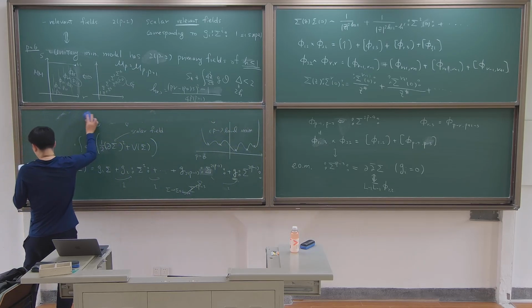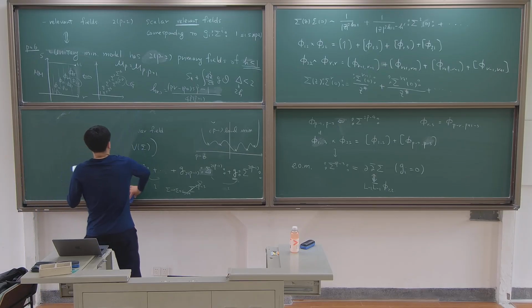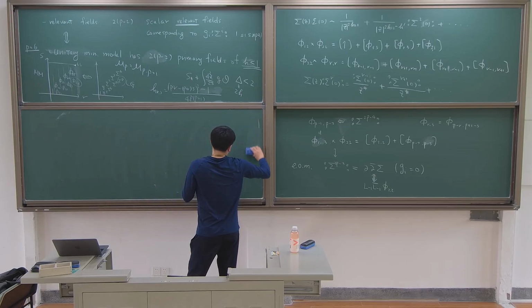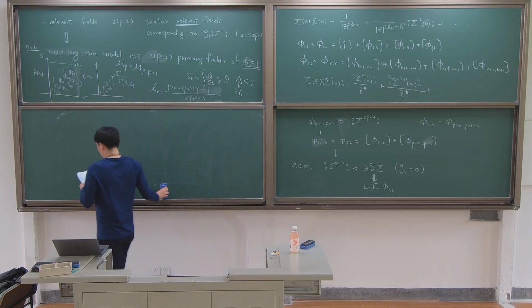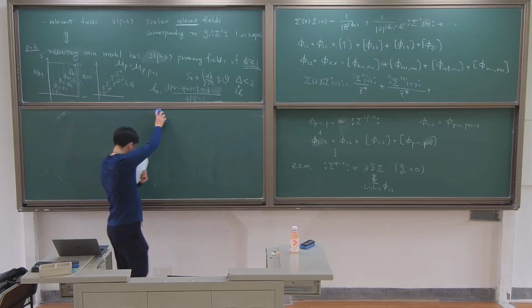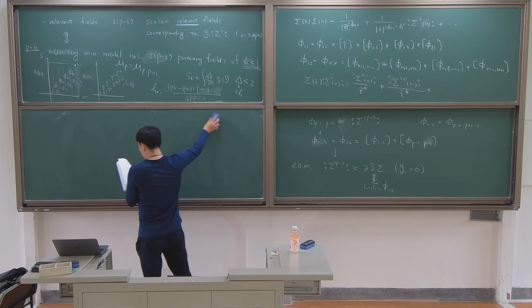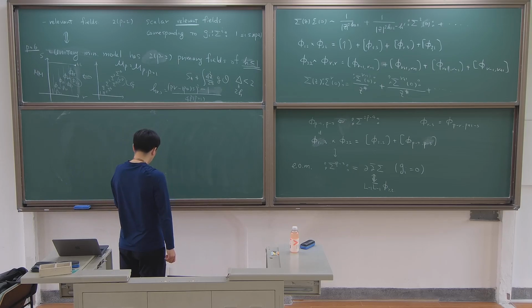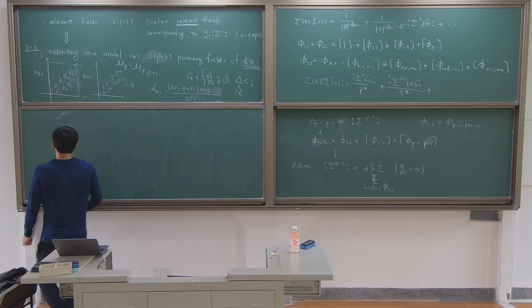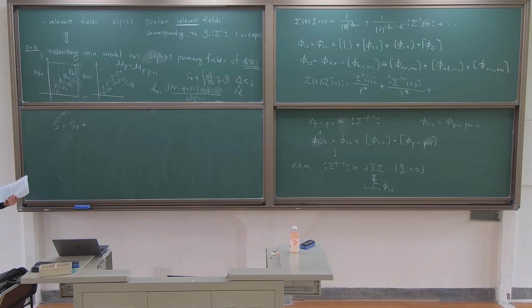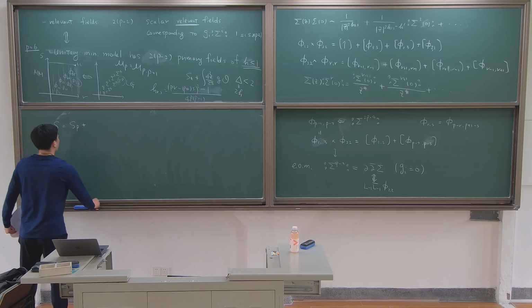Furthermore, let's think about the renormalization group flow by this relevant operator. Okay, suppose S is S_p.